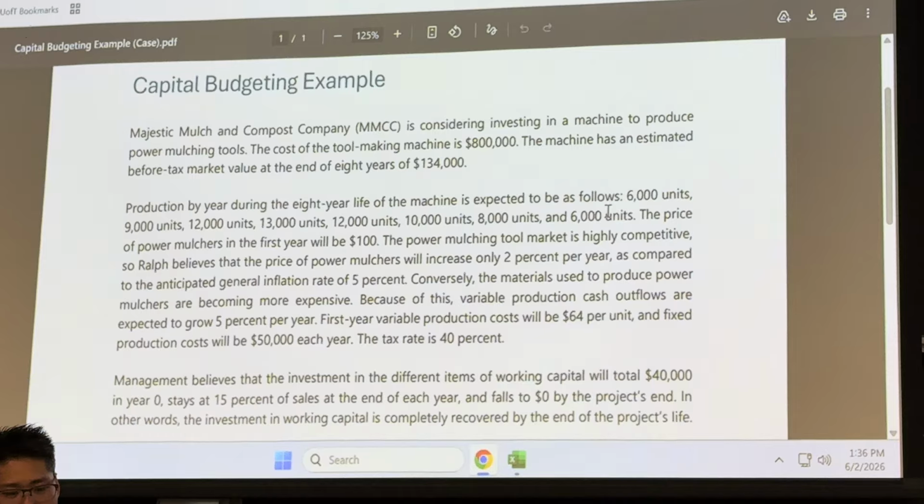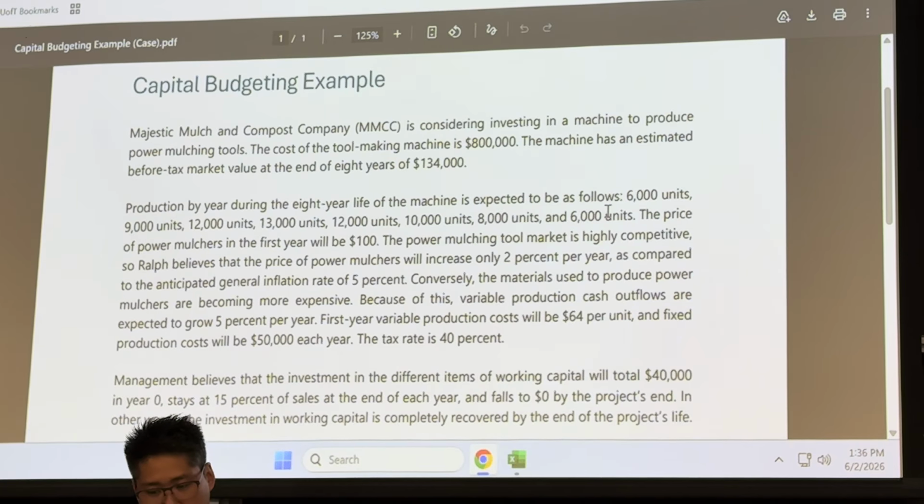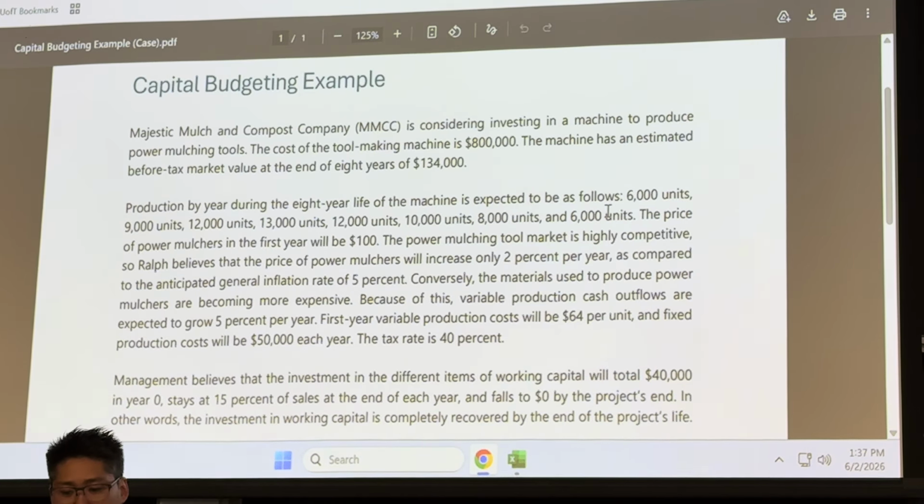As compared to the anticipated general inflation rate of 5%, so there's inflation, which is 5%, which would translate into the material cost. You need to buy raw material to produce this power mulcher. And hence, because of inflation, it's going to get more and more expensive. The variable production cost outflow is expected to grow at 5% per year, which is in line with inflation.